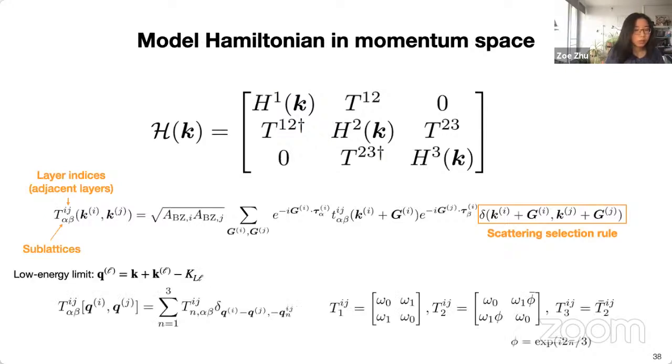If we take the low energy limit, this expression can be reduced to the familiar Bistritzer-MacDonald style model with omega 0 and omega 1, as many have talked about in the school, being the relaxation-modified interlayer tunneling vectors, with omega 0 describing AA and omega 1 describing AB tunneling.